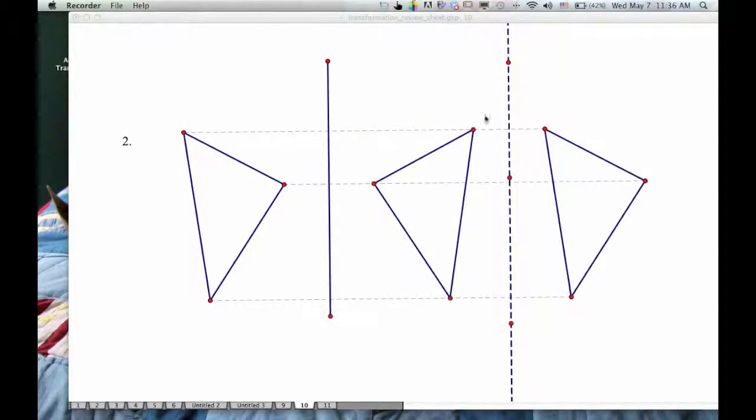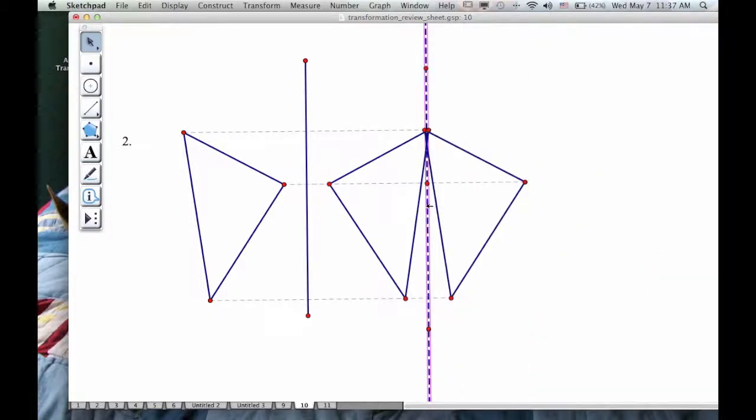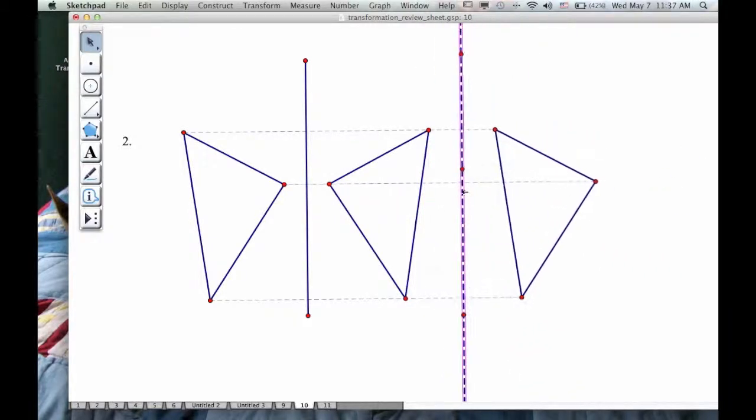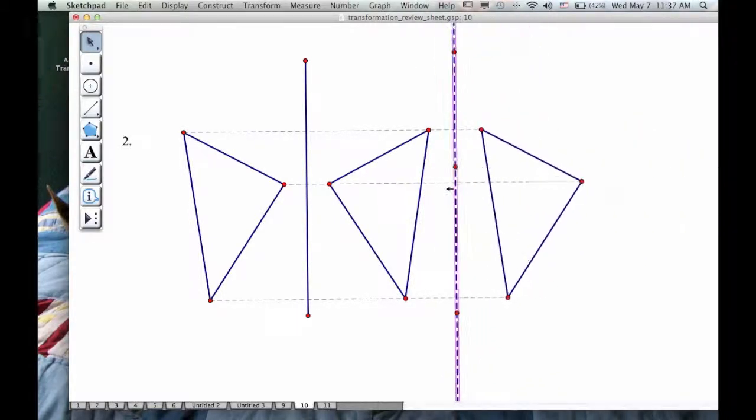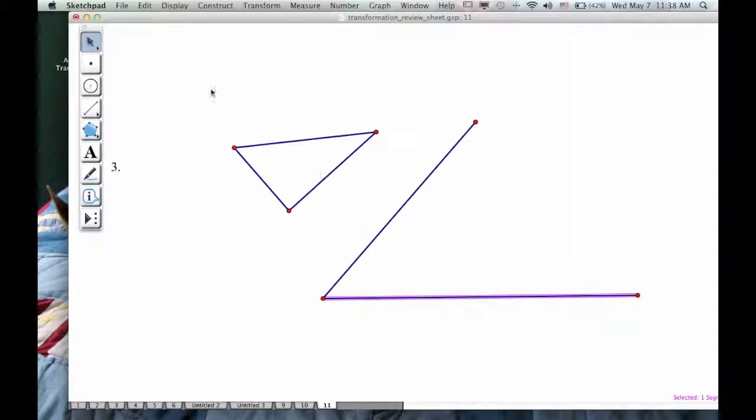The next isometry is the translation. First I reflected the triangle over the line of reflection, then I reflected it one more time, and as you can see, it's like a translation and it slides over. In the third demonstration, if this was the triangle, I would first reflect it over this line.